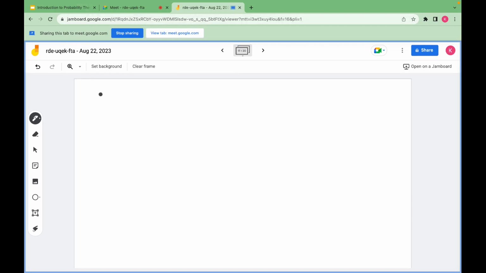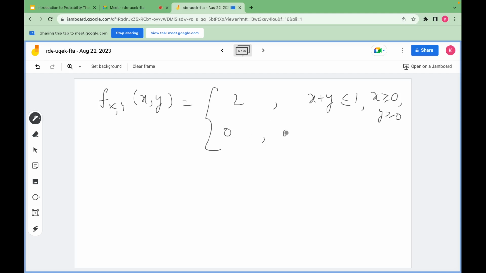So we are given this joint probability distribution. It is 2 when x plus y is less than or equal to 1 and x is greater than 0 and y is also greater than 0, and 0 otherwise.